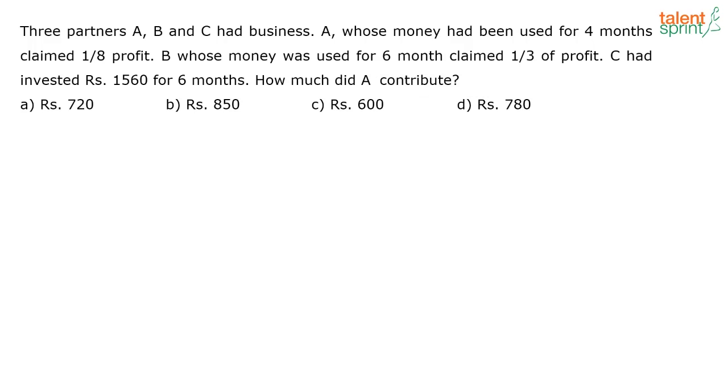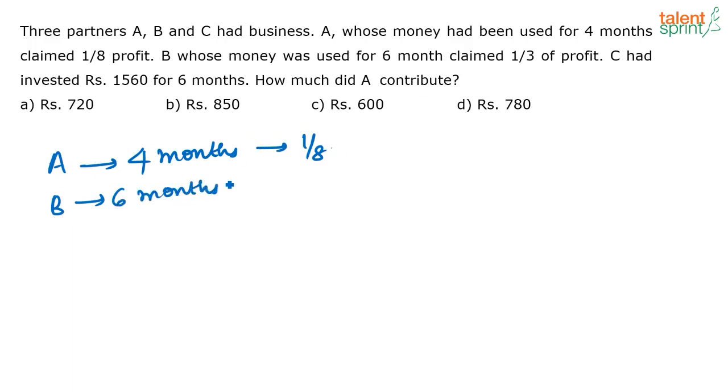3 partners A, B and C had business. A, whose money had been used for 4 months, claimed 1/8 of the profit. So what have they given? See, A is investing for 4 months and is claiming 1/8 of the profit. B is investing for 6 months and is claiming 1/3 of the profit.